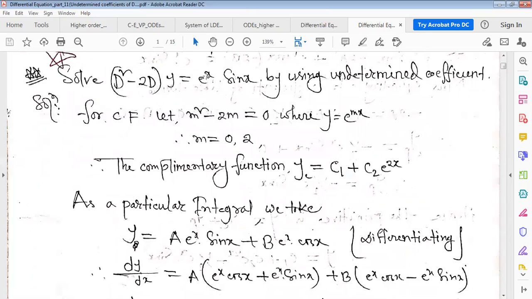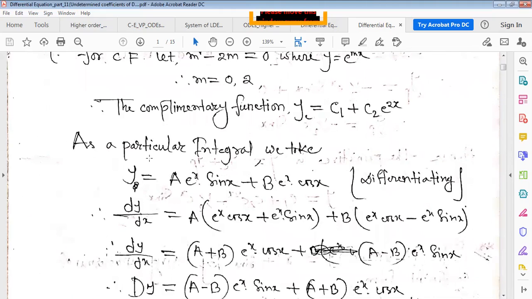Okay, this is a second order non-homogeneous differential equation. So this can be written as m square minus twice m equals to 0. Here y equals to e to the power mx is the trial solution. Then we get two distinct roots, m equals to what? 0 and 2. So the complementary function can be written as y equals to c1 e to the power 0 into x plus c2 e to the power twice x.